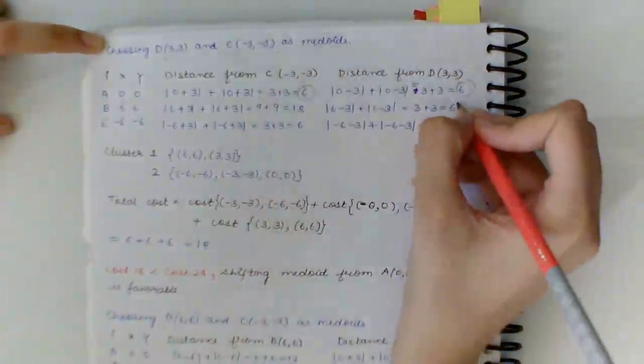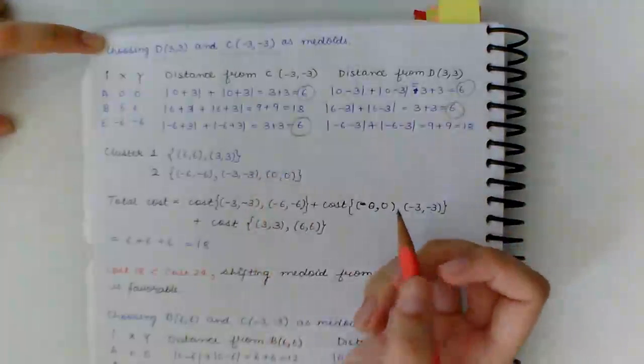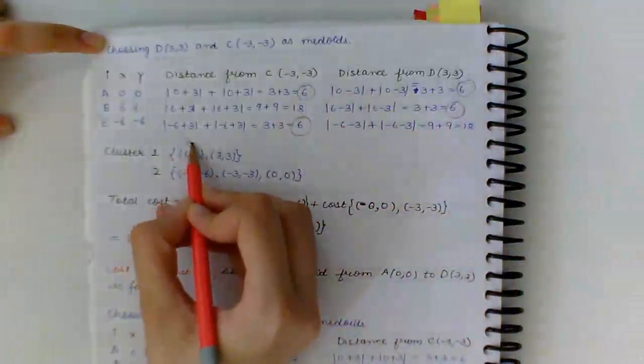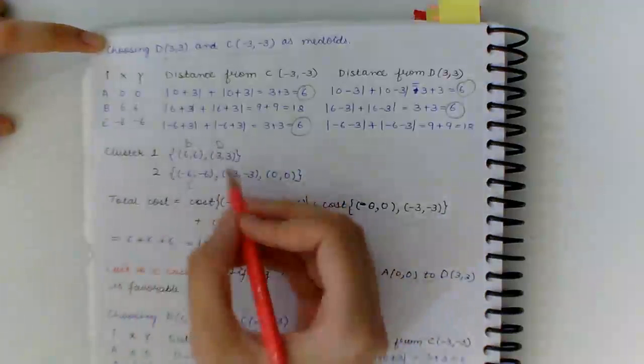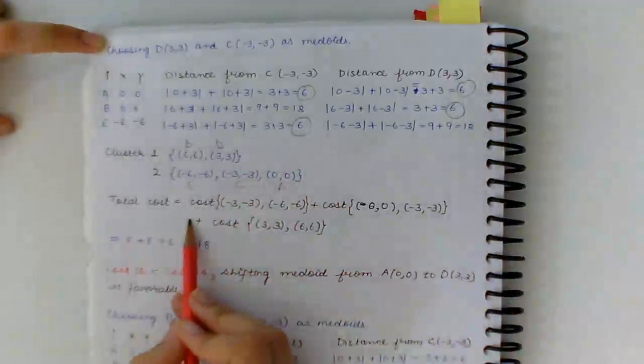For A, both are equal, for B 6 is smaller and for E 6 is smaller. So now B and D are in one cluster and E, C and A are in one cluster.